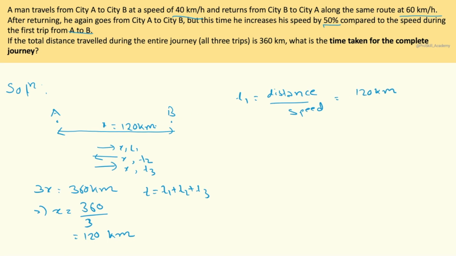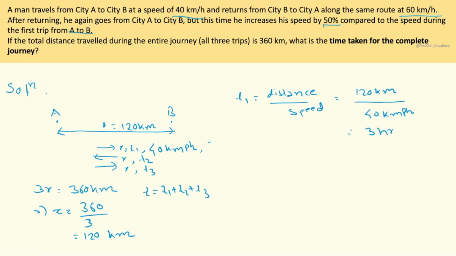So during the first trip, the speed was 40 kilometers per hour, which is given in the question. So let us write it here so that we have a clear view. So t1 is 120 kilometers divided by 40 km/h, which would be equal to 3 hours.